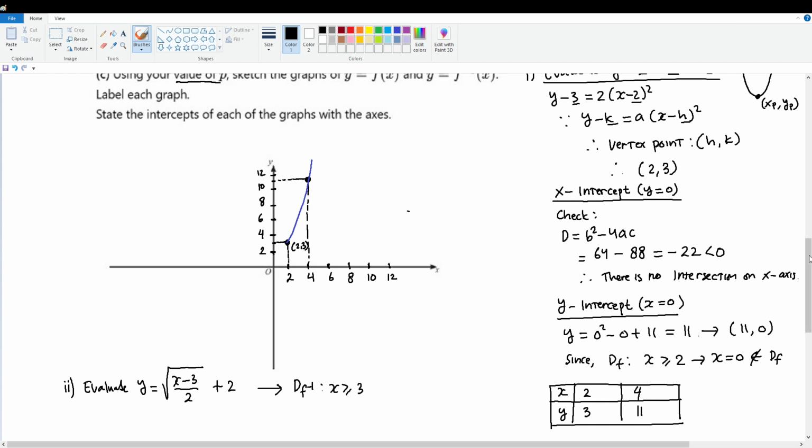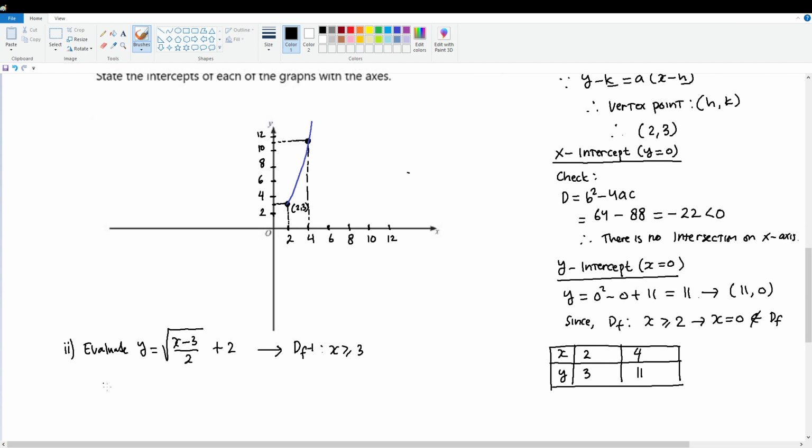And then to find the other point, you can make the table like we did before. Here we have x and y, okay, and we start from 3. If you put x equals 3 into this function, you will get the value of y is 2.